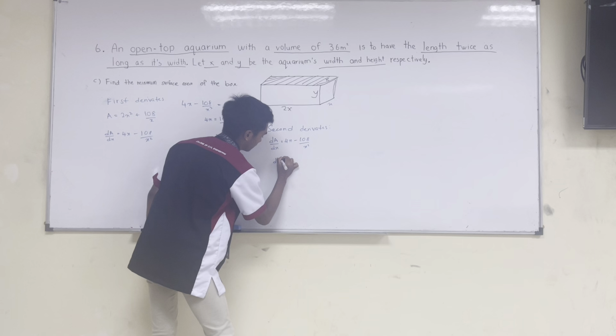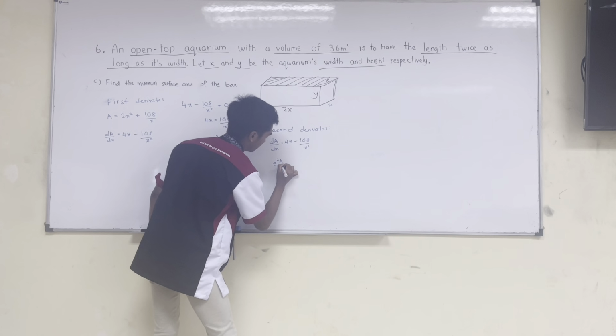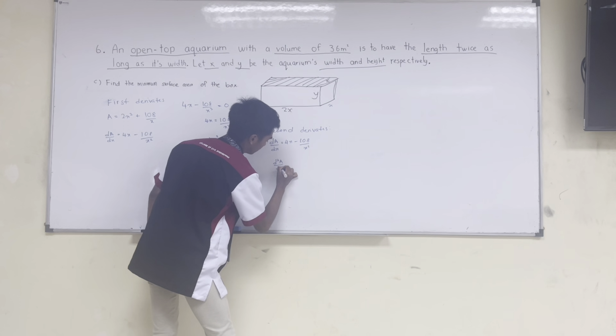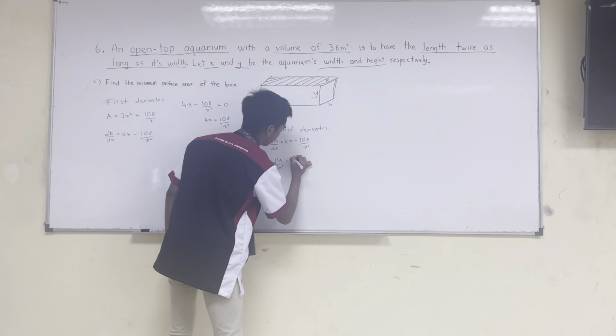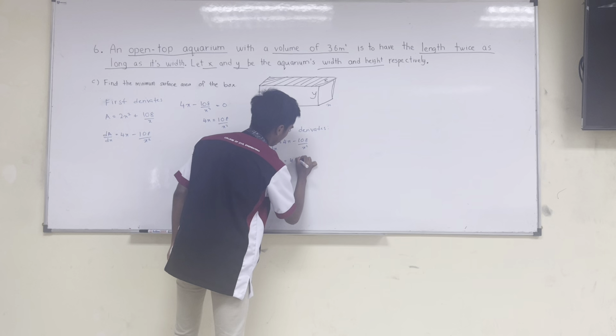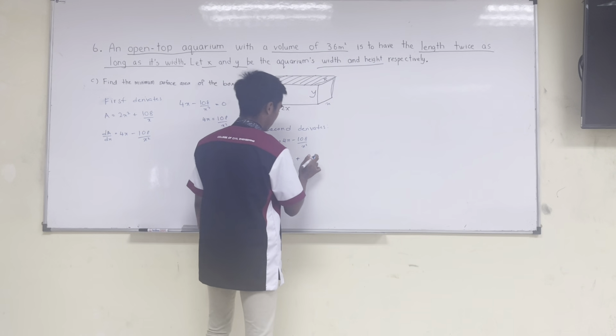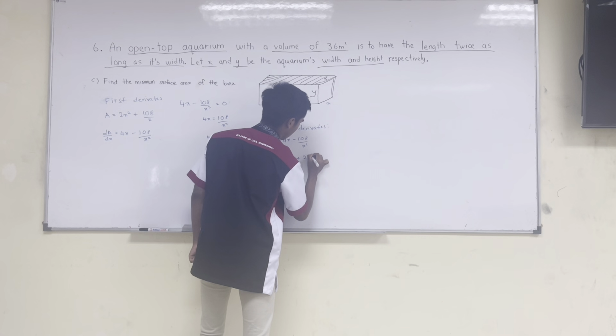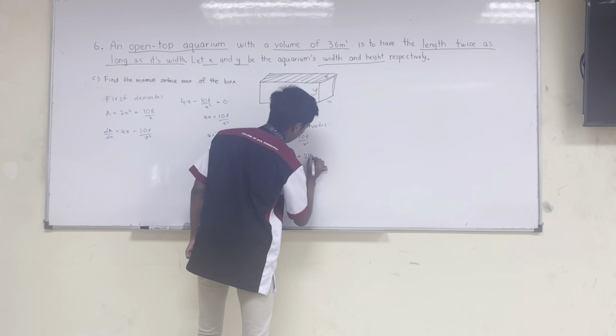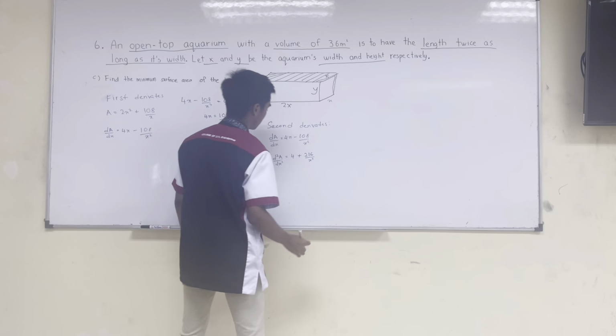It will be d squared A over dx squared equals 4 plus 216 over x cubed.